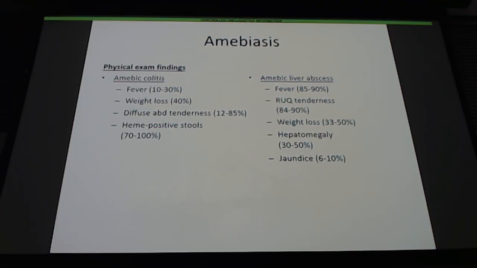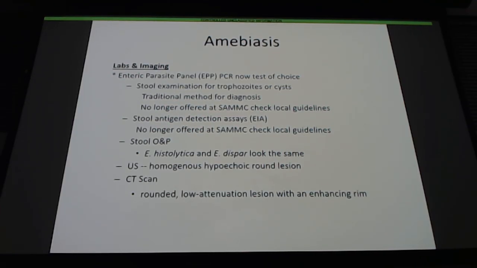Right, so lab for imaging. I need you to remember enteric parasitic panel, EPP. Okay? That's generally what we do over here at Banksy. If we're looking for three different things: Entamoeba histolytica, which will be amoebiasis, Giardia, and or cryptosporidium.